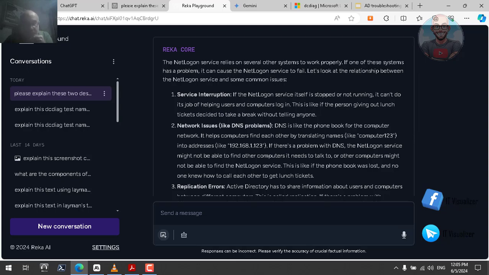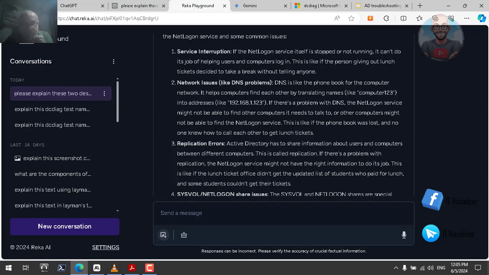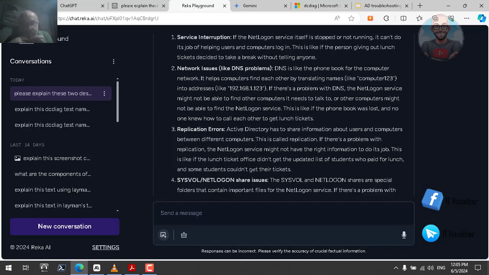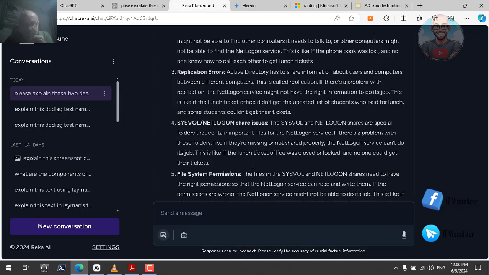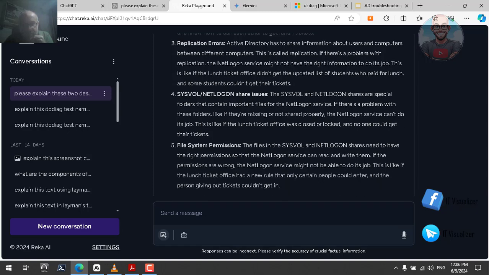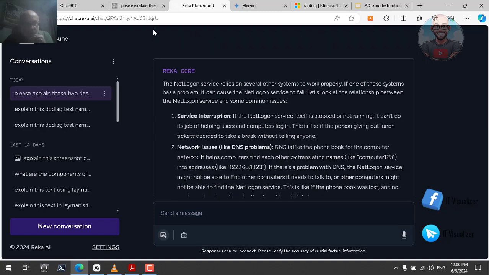So every domain controller has a Netlogon service. Maybe they are trying to communicate with each other. So this will be a problem. Okay. No, not that good. I think this example is not correct at all.